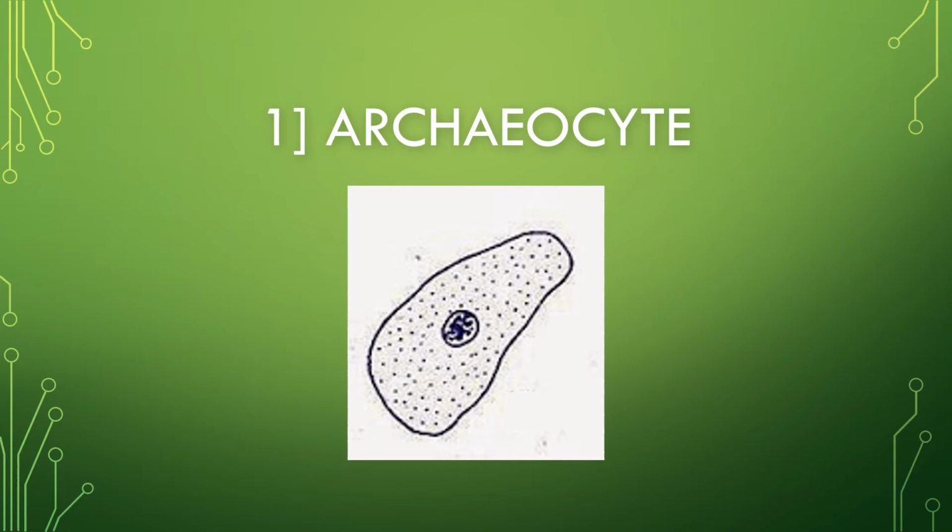They have blunt pseudopodia and large nucleus with a nucleolus. These are undifferentiated embryonic cells. They give rise to the sex cells, namely the ova and sperms. They play an important role in regeneration.